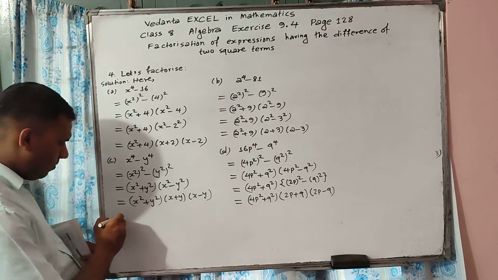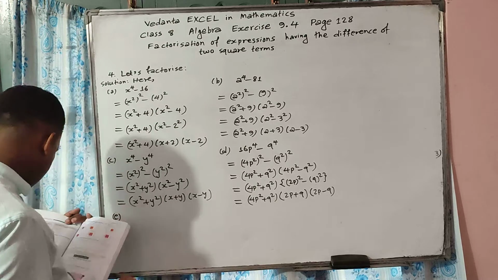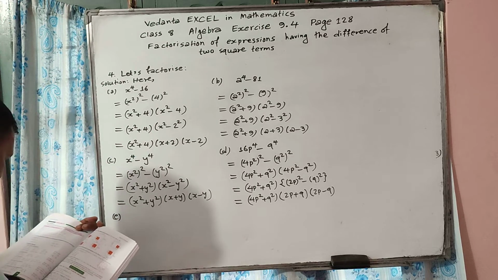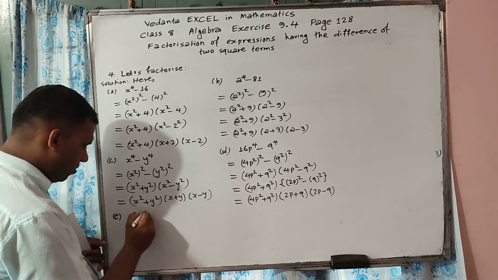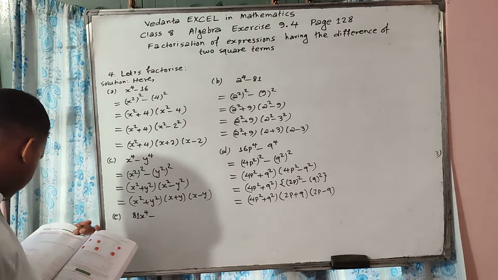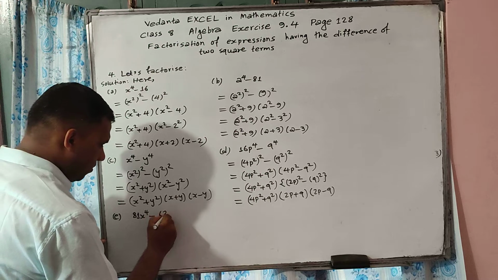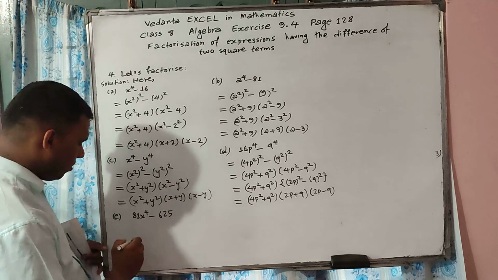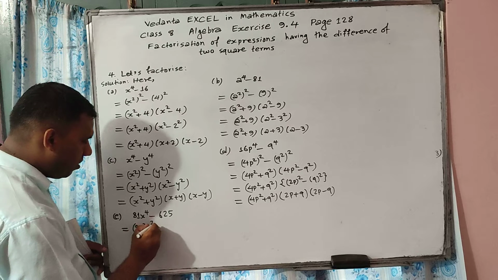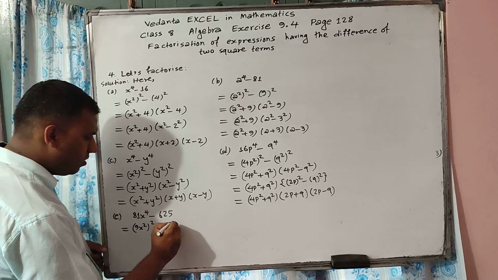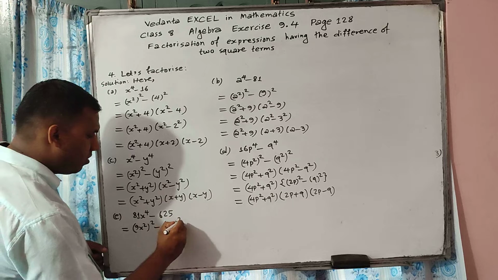Now for E we have 81x to the power 4 minus 625. This is equal to (9x square) whole square minus (25) whole square.